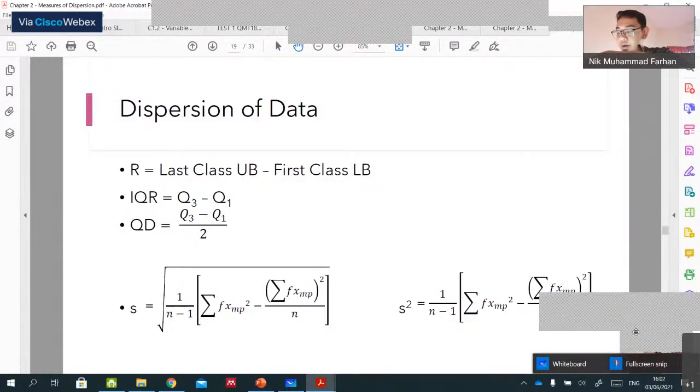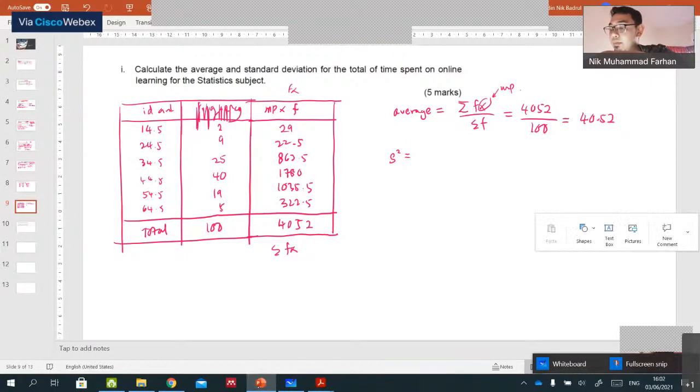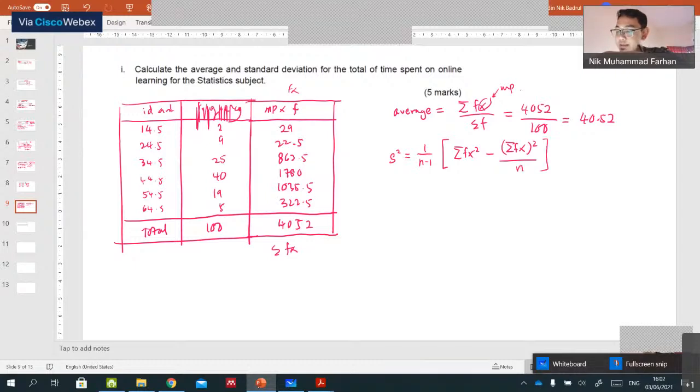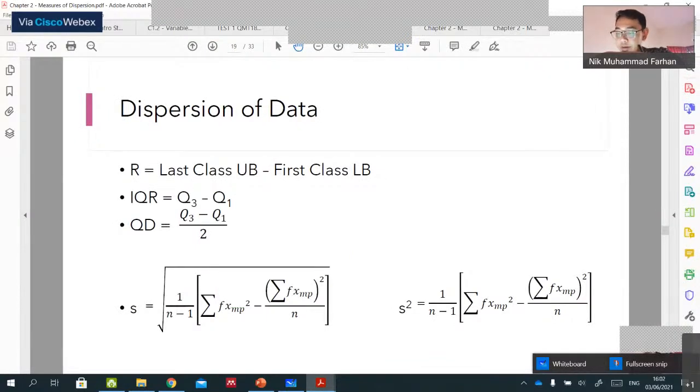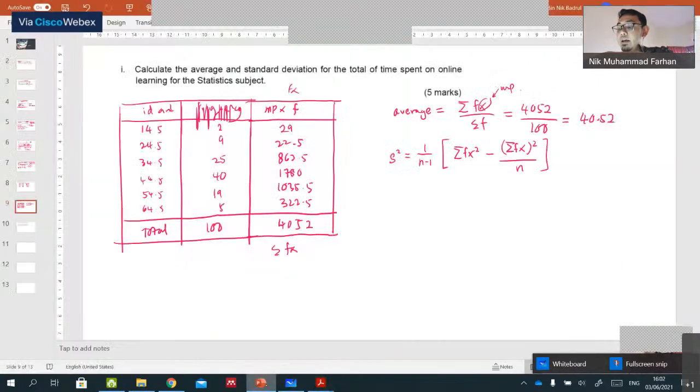Ha ni. 1 over n minus 1, summation of fx square tolak summation of fx, kita squarekan dia, over n. Then, this is the formula. We are lacking the x square kan, fx square.